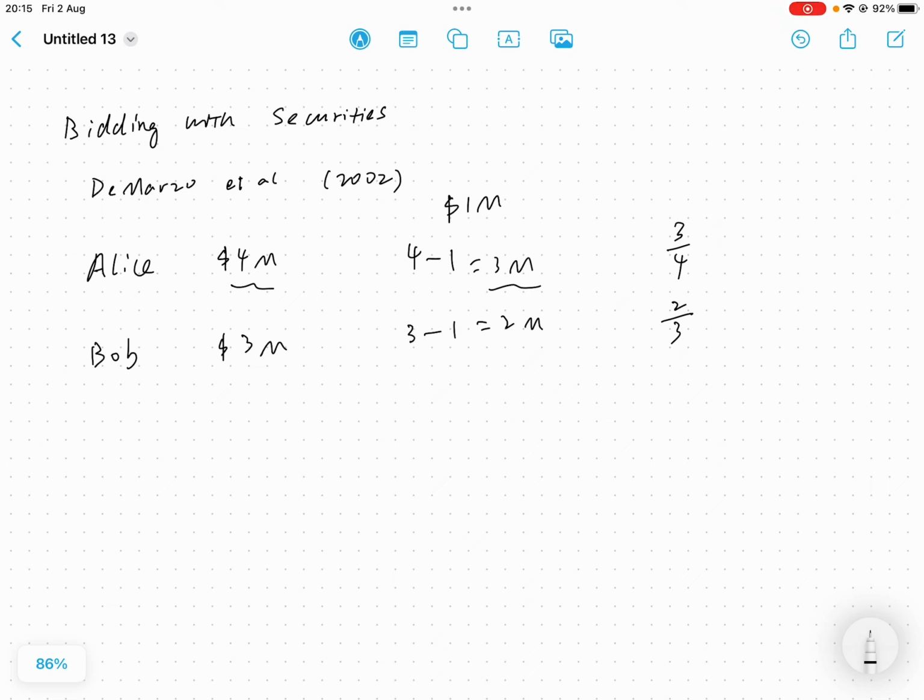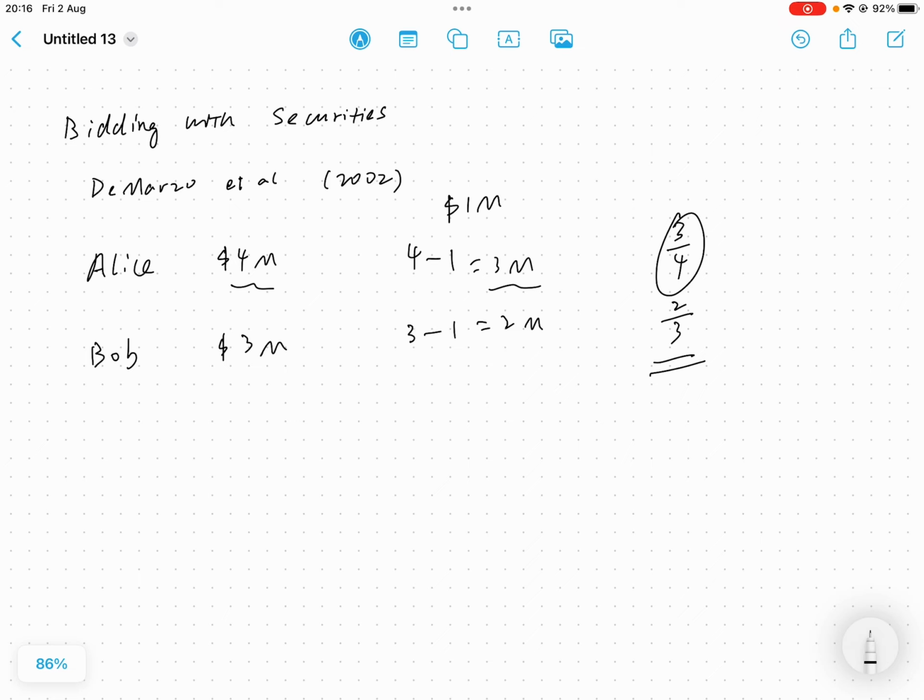Because Alice offers a higher portion, Alice wins the auction, but only pays the second highest bid. That means that Alice actually pays 2/3 of the future cash flow.